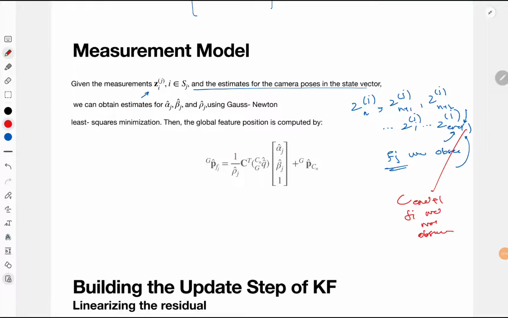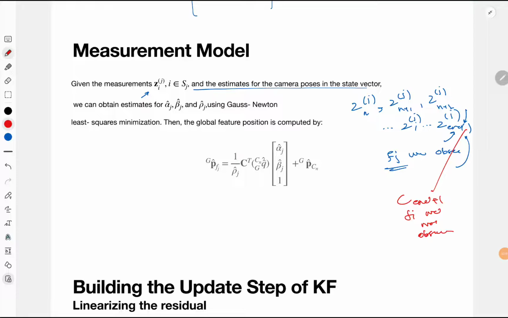That is when we would go to the update step. Before that, we would always only be doing the IMU predictions, and we would be saving the related measurements and all the camera poses.